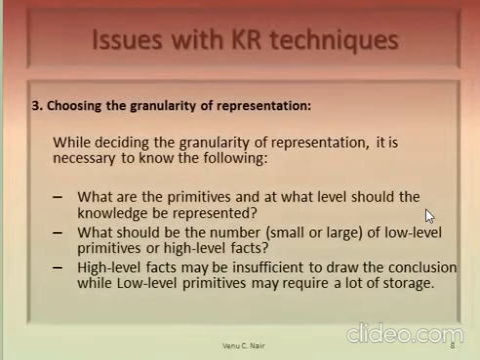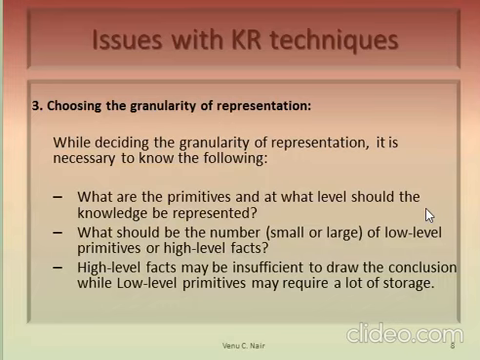Then choosing the granularity of a representation. We know that granules are small particles of an object. They are known as granules. So while deciding the granularity of representation, it is necessary to know the following. So we are minimizing the size of something, and while minimizing we have to follow the following conditions.